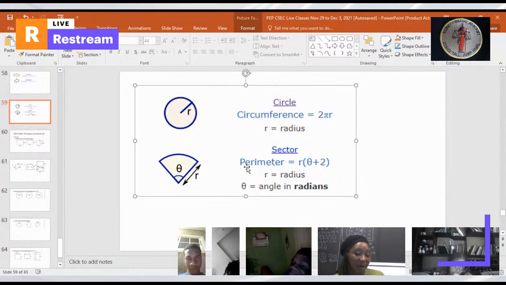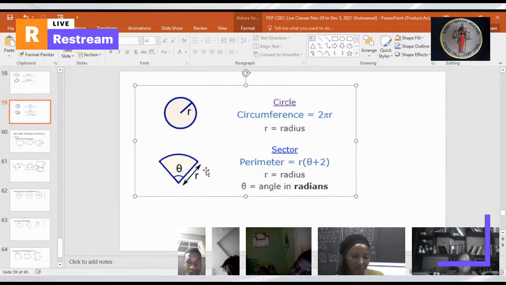So 2 pi r times theta over 360 in degrees. And when you get that answer, that would be for the arc right here. So you would also now have to add the radius and the other radius, to get the total perimeter of the sector. Any questions on this one?